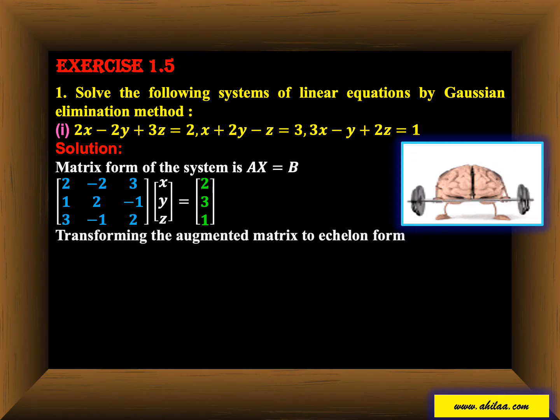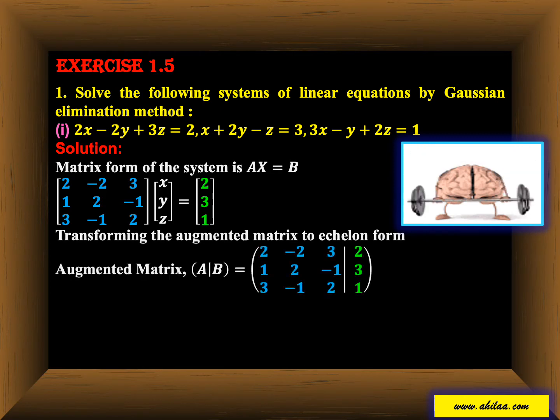Now transforming the augmented matrix to echelon form, the augmented matrix A bar B equal to, first write the coefficient matrix A bar the constant matrix. Now we see this first element A11. Usually we keep that as 1. So when we inspect the corresponding column, we see there is 1 occurring in the second row, first element.